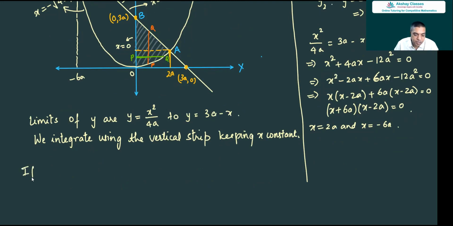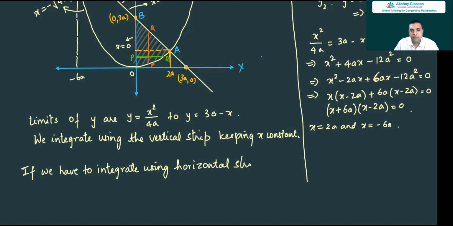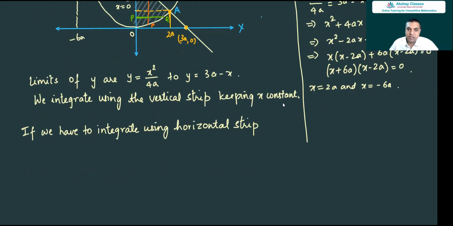Now, if we have to integrate using the horizontal strip, what happens? The region will have to be split into two parts.